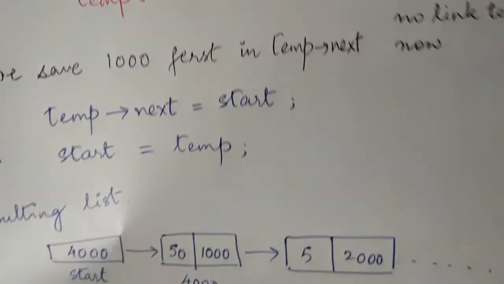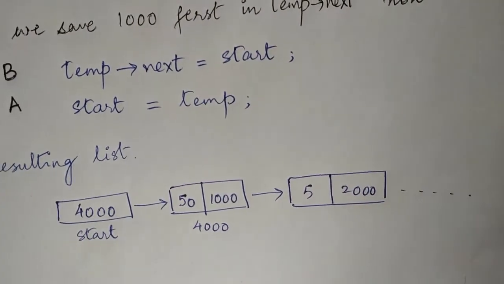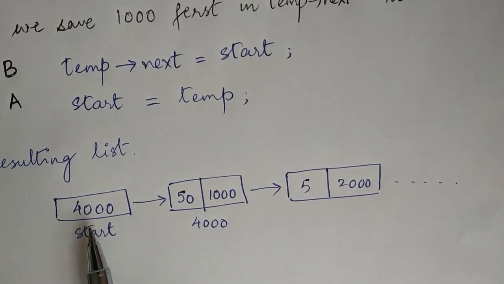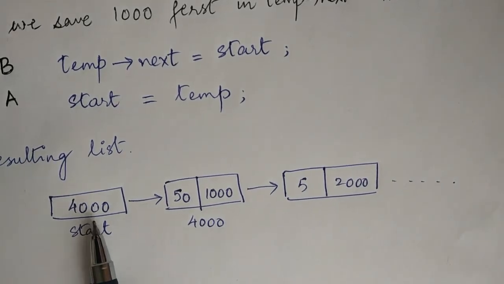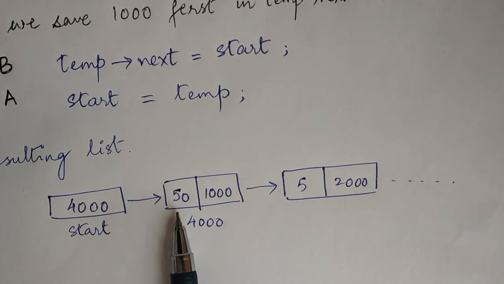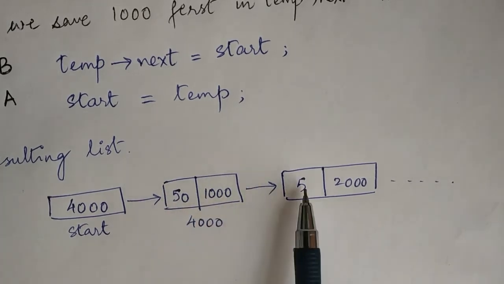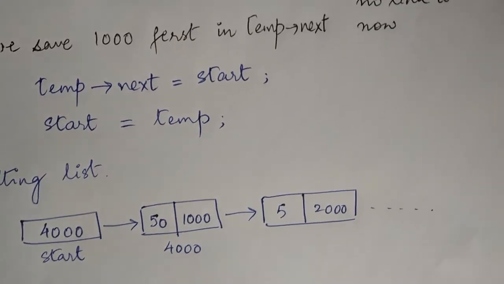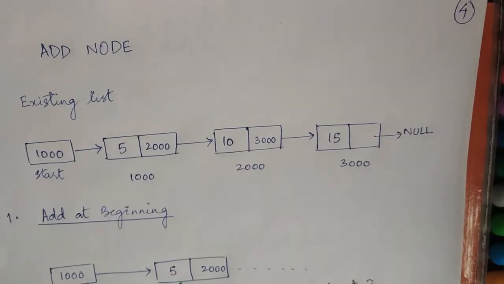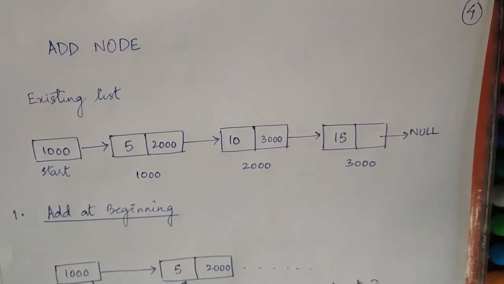So my resulting linked list will look like this. So I have a new pointer value in start, 4000 pointing to the first node, which is now 50, and then it points to 5 and so on. The list continues from there. So this is our add at the beginning.